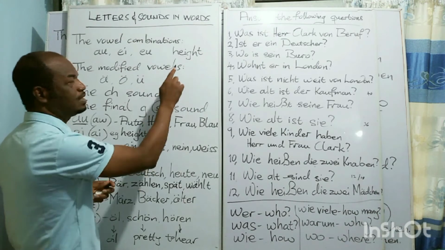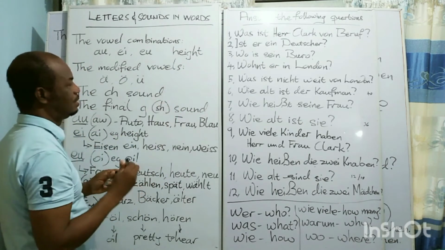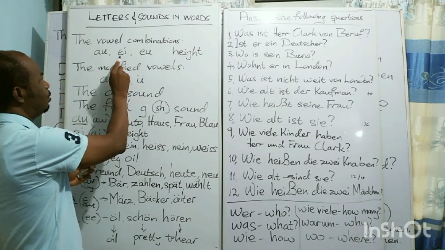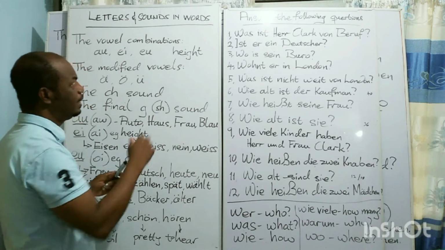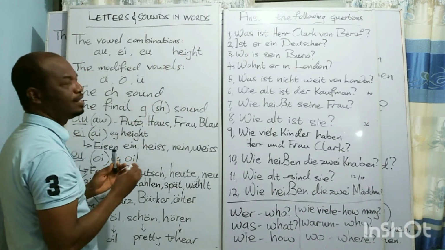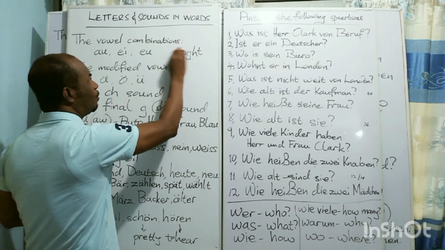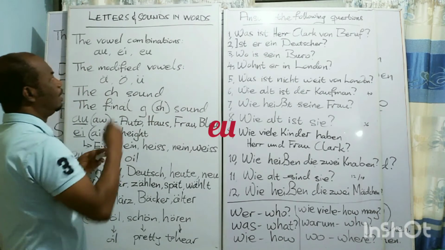We still pronounce it like the Germans will pronounce EI, height. So whenever you meet EI in any German word, it's height. It's only I in the word height in English. The rest have all been pronounced differently. Fine.